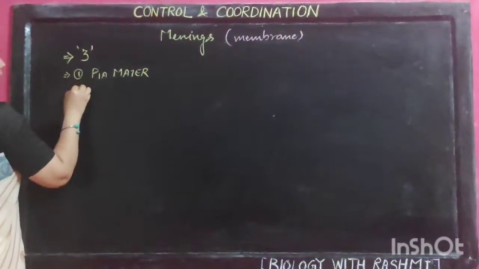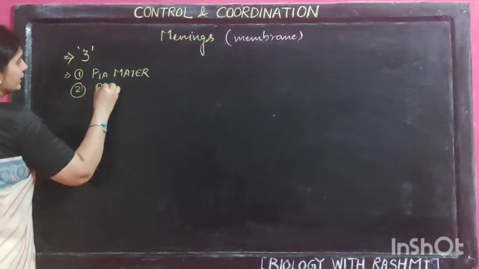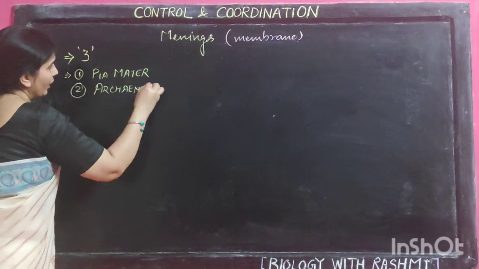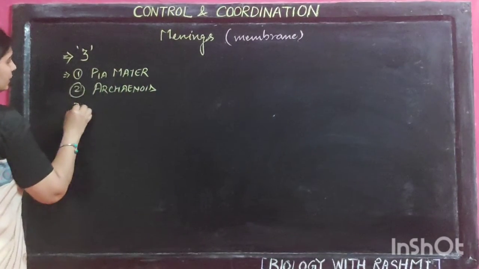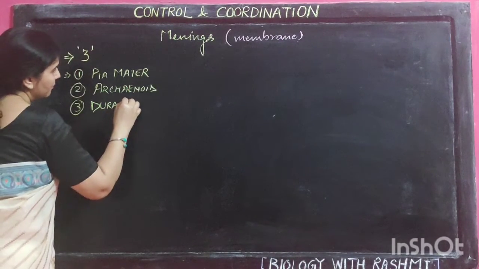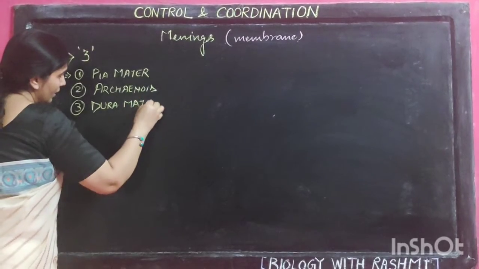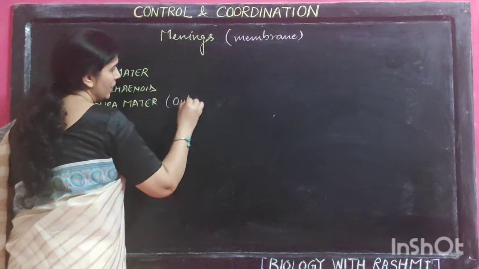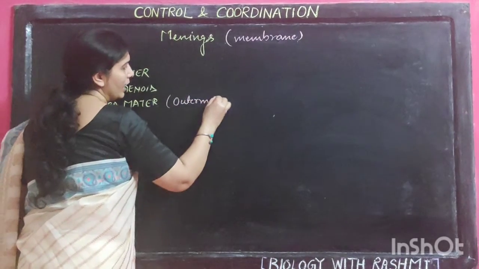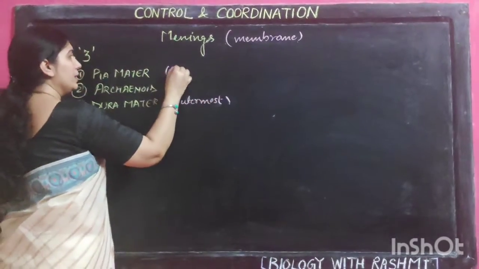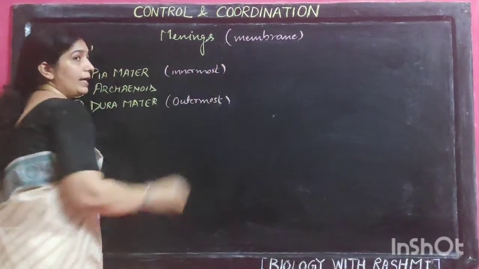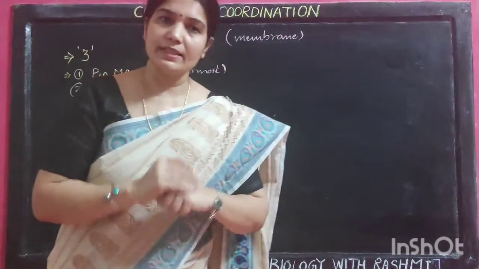After that, the middle layer is the arachnoid, and the third one is known as dura mater. This one is the outermost and this one is the innermost. Innermost means it is just adjacent to the central nervous system.